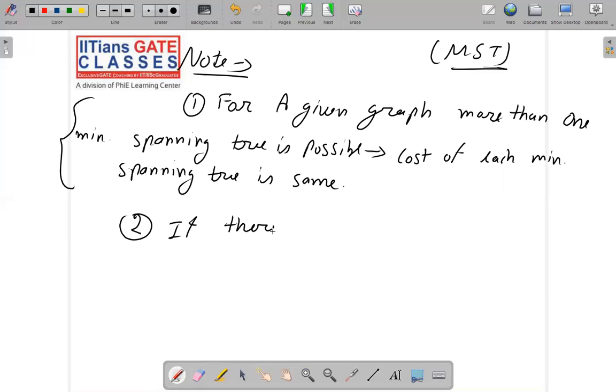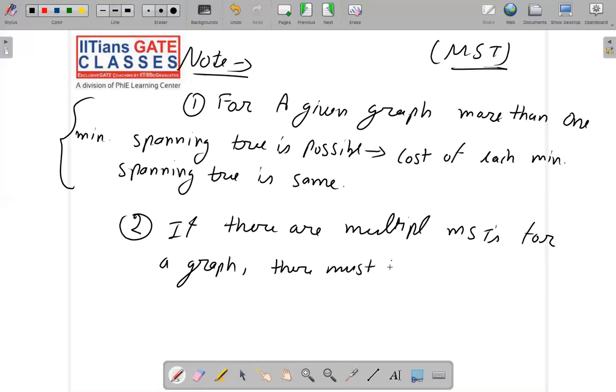If there are multiple MSTs for a graph, then there must be repetition of edge weights.